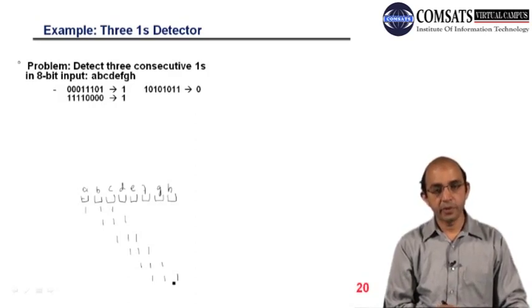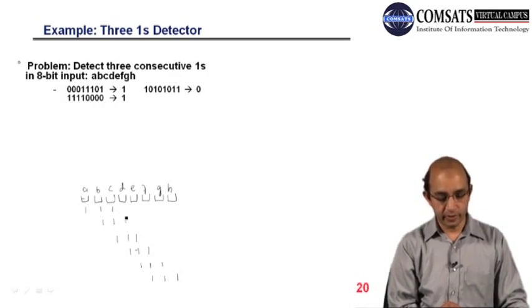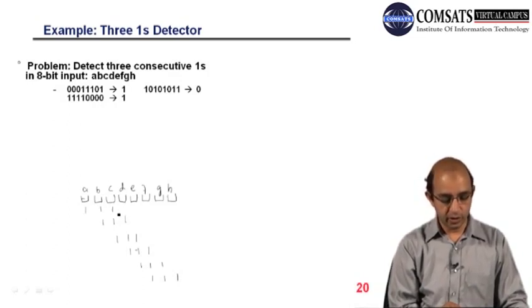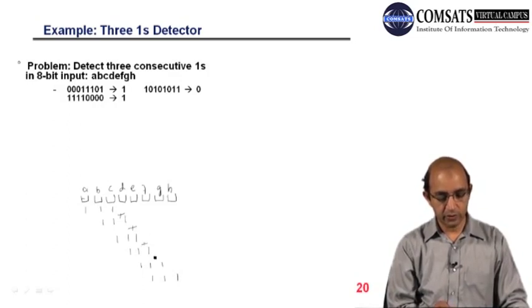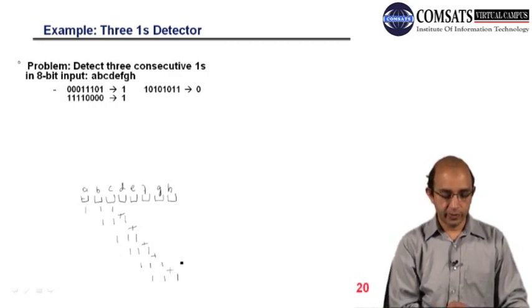So this is the possible number of combinations where we can have 3 consecutive ones. Because they all are possible, this one or this one or this one or this one or this one or this one.